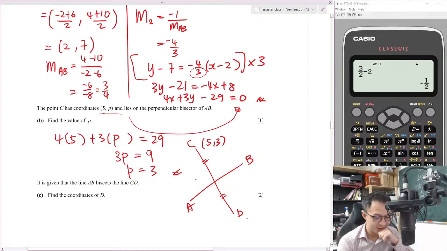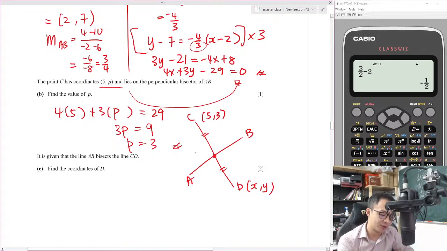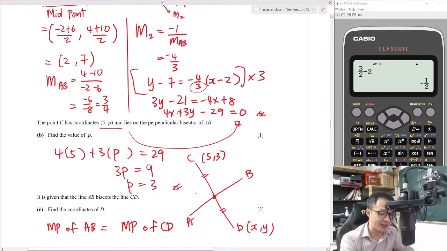And yeah, I want to find coordinate D. Alright, so basically I know the midpoint of CD will be the same as the midpoint of AB. This is how we can easily bisect them. So the midpoint of AB will equal the midpoint of CD. Alright, so I already have the midpoint of AB. I already found it at the very beginning, which is 2, 7.